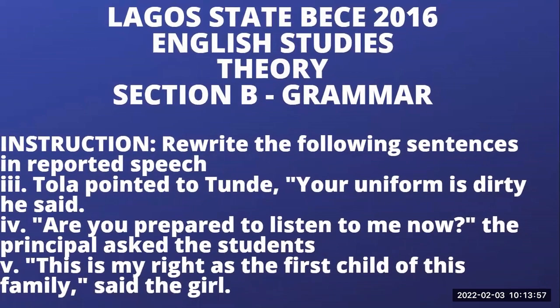Tola pointed to Tunde. "Your uniform is dirty," he said. Now, the exact words of Tola are, your uniform is dirty. Those are his exact words. And then we have to change that to indirect speech. So what do we do? We can simply use the verb said, or we can use the verb pointed out or informed. You decide the verb to use, but you can use a simple verb like he said.